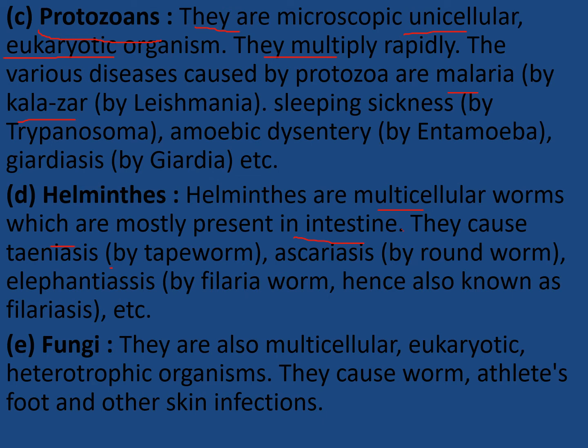We know they live in the intestine and absorb all the nutrients, then our intestine will start getting infections. This type of disease is caused by helminthes, the tapeworm. Ascariasis is caused by the roundworm. Next, elephantiasis is caused by filarial worms, hence known as filariasis. These are some examples of diseases caused by helminthes, that is the worm.